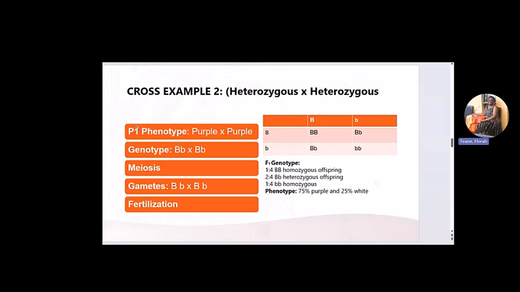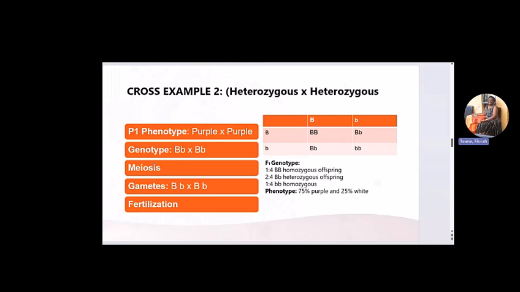This is parent 1. The phenotype is purple and purple this time. But then let's look at the genotype. The genotype is different because it's capital B and small letter b. So it's heterozygous. We're using the same method.